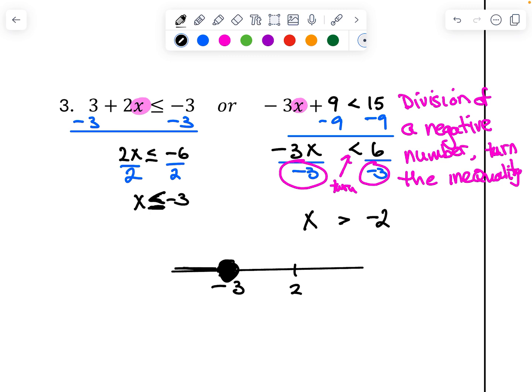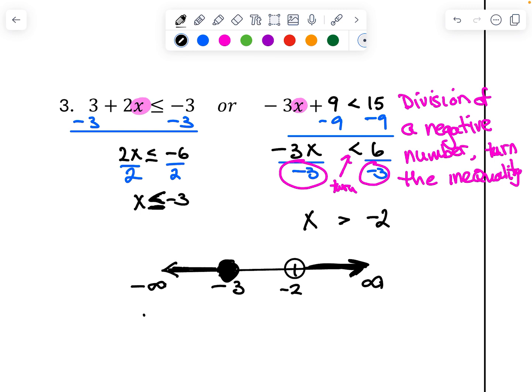And then the lesser numbers are to the left because negative infinity is down here. And then this one is simply greater. So greater is open. So that's going to be open. And x is greater than negative 2. So this is going to go to the right. X is bigger than negative 2. And infinity is definitely bigger than negative 2.